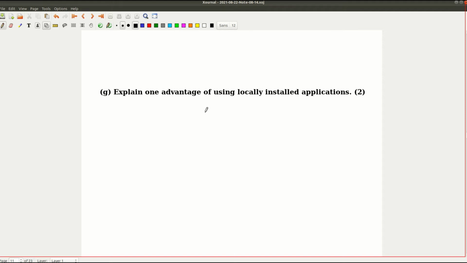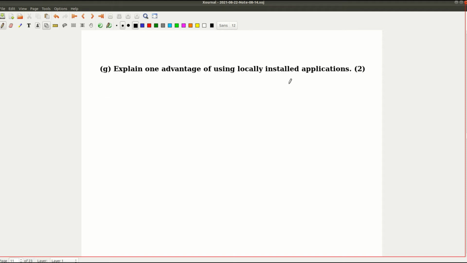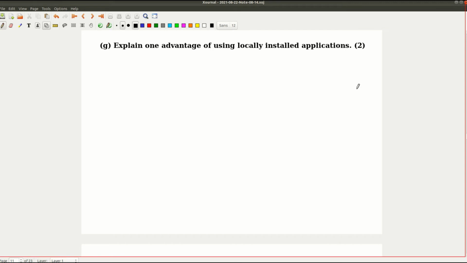Explain one advantage of using a locally installed application. Okay, so what's the advantage of a locally installed application? The advantage is that without an internet connection, you can use the application. You don't need internet, and also you can use it anywhere. If you have your laptop or your phone, you can access it from anywhere without an internet connection.